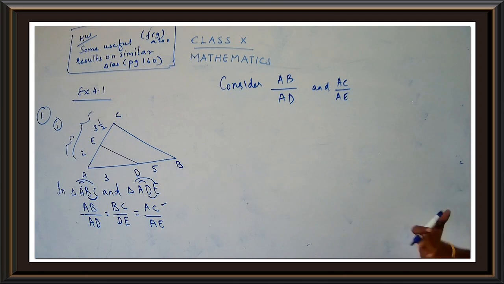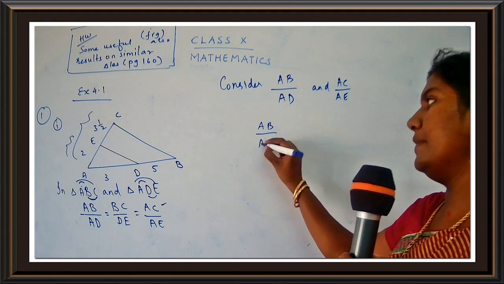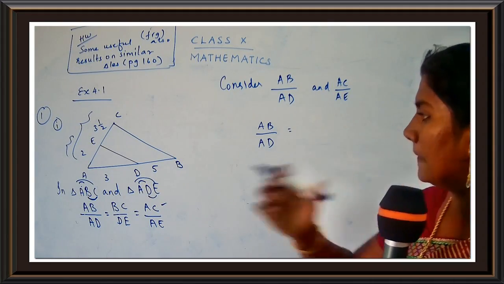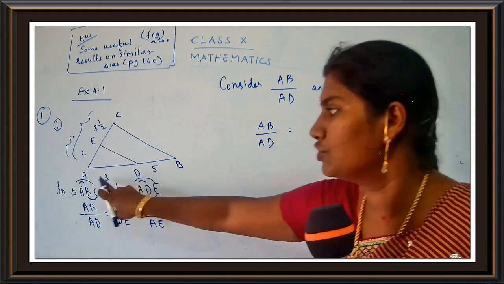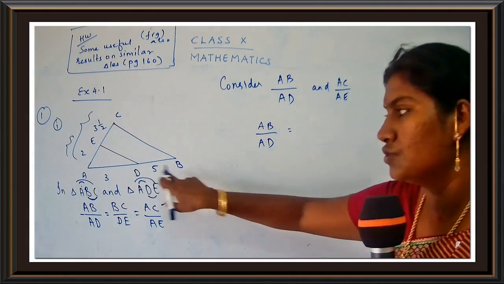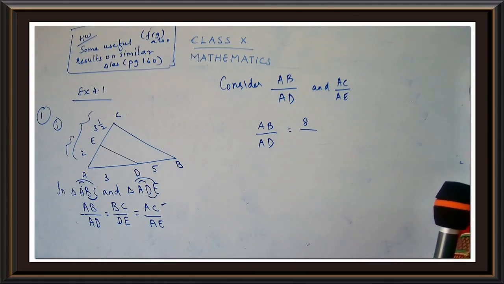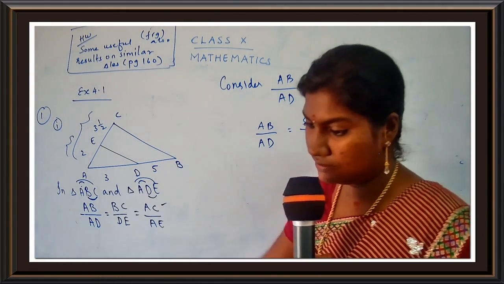If we say that they are not equal, then you have to say that both are not similar. Okay, so I am going to consider AB upon AD. What is AB upon AD? AB means I have to join these two. So AB is the whole from here to here. So 3 plus 5, it's 8. AD. What is AD? It's 3.